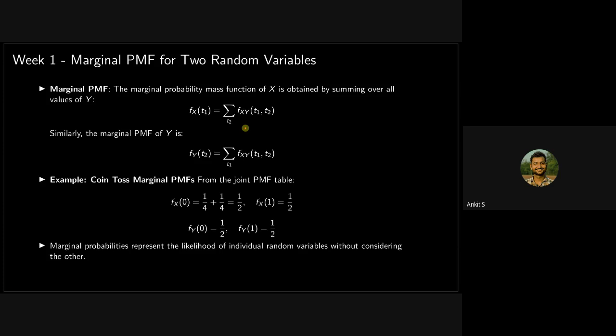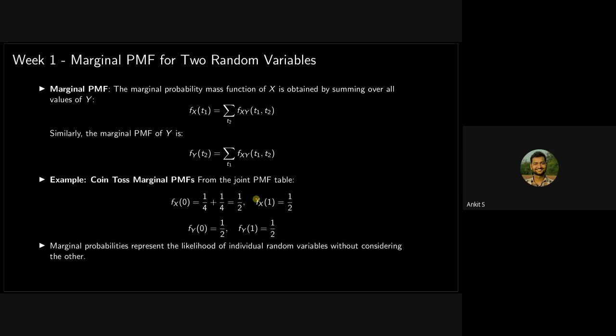But you know that whenever you are throwing the coin two times, it's not that just one coin is being tossed. You are tossing both the coins, so something is coming up on both coins, but you are interested in just a single coin.